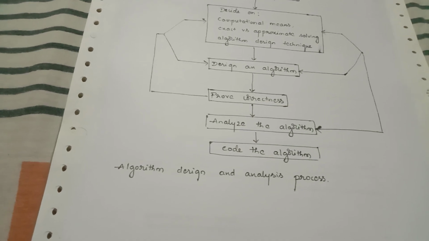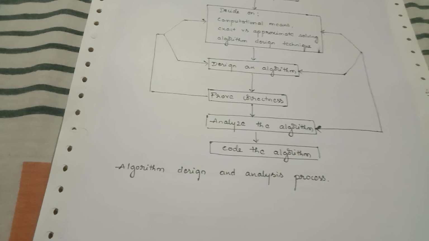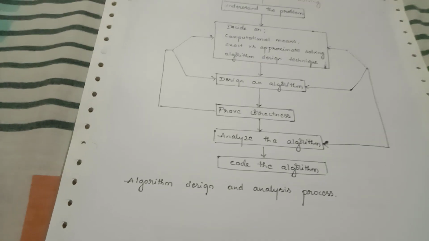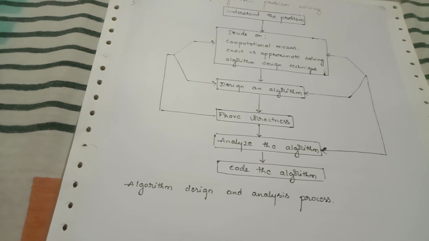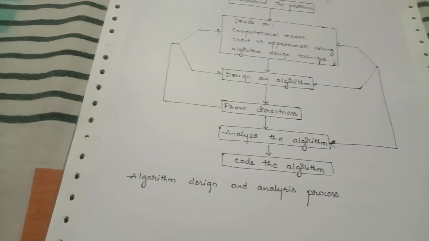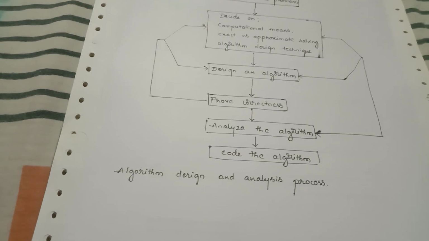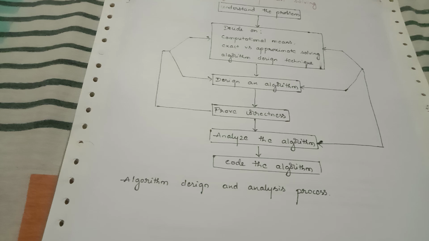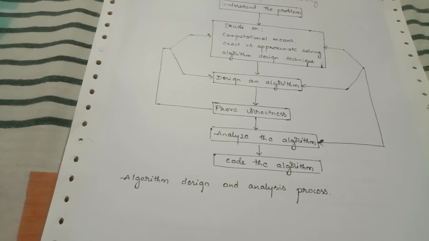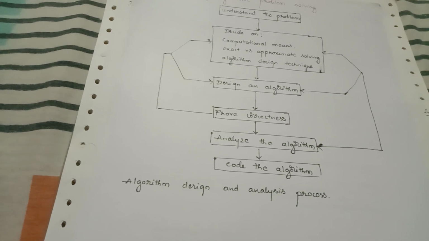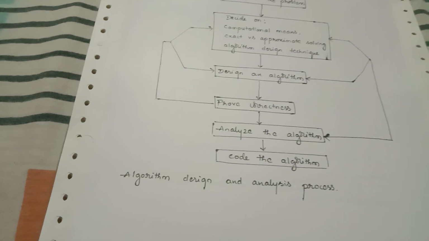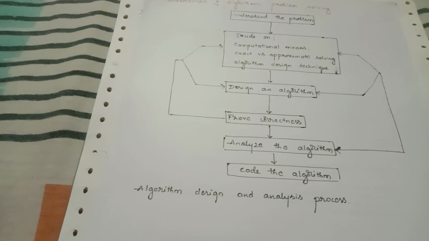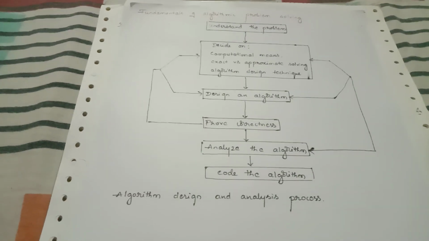When you are analyzing an algorithm, you can also go back and make changes from the beginning, but you cannot go back to the understanding the problem step. So understand the problem properly, and based on that you can make the available choices: the data structures and the algorithm design technique. You can design a very new algorithm for the given problem, and you have to follow all these steps.